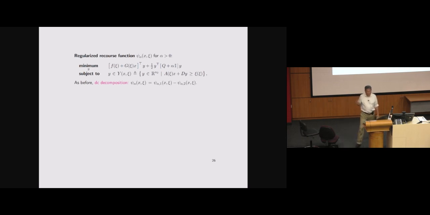Then I do all these things together: sampling, regularization with alpha, and then here you have linearization, that's a DC decomposition. And so now I end up with this subproblem. This subproblem here is a convex program.